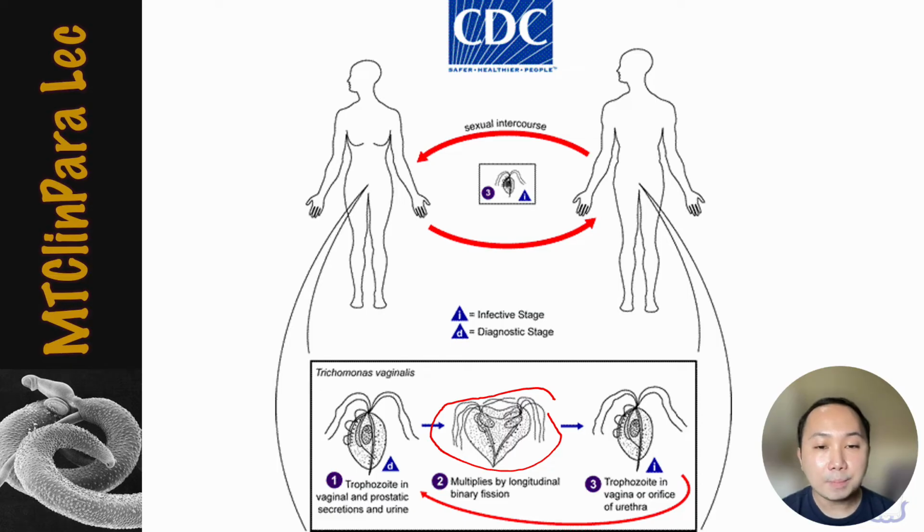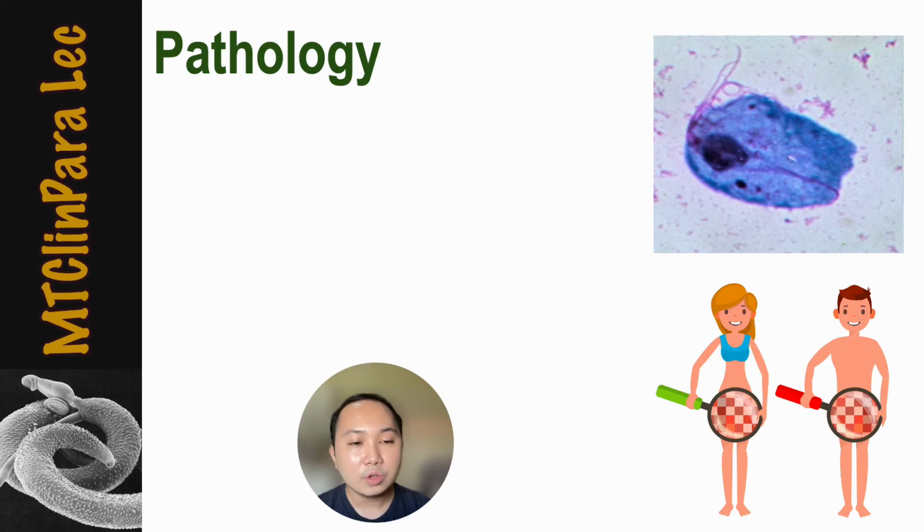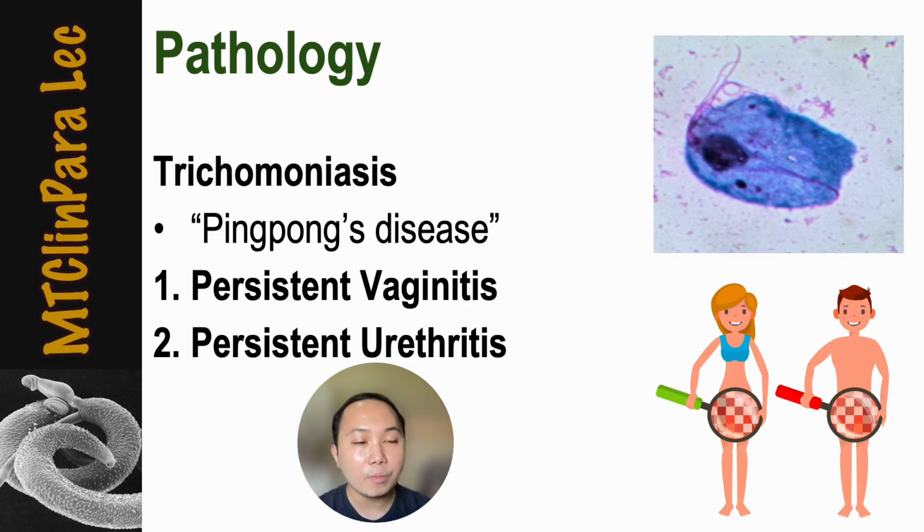This particular parasite usually is only located in this particular area, the urogenital tract. Outside the urogenital tract, especially if accidentally this parasite is dislodged in other areas, they usually do not survive in the process. So the pathology behind your Trichomonas vaginalis is what we call your Trichomoniasis.